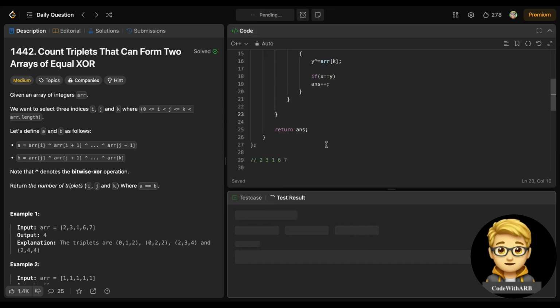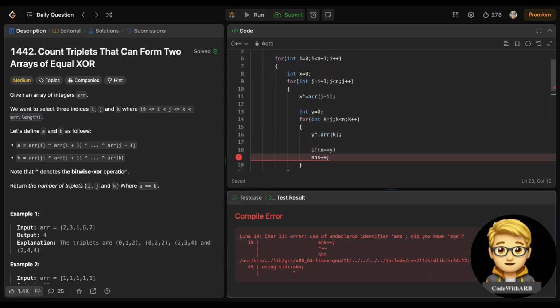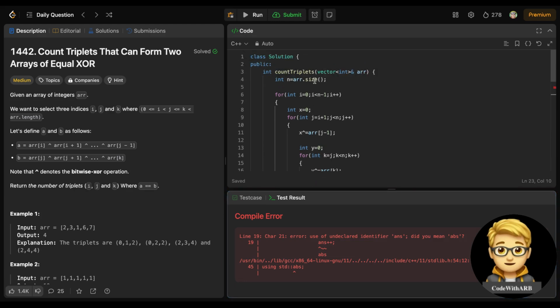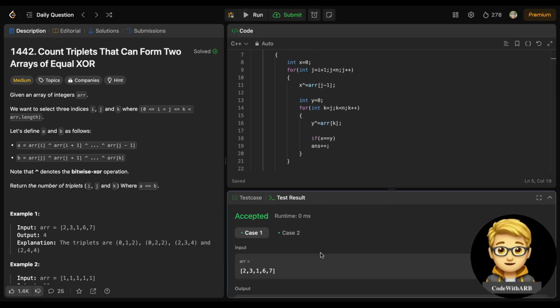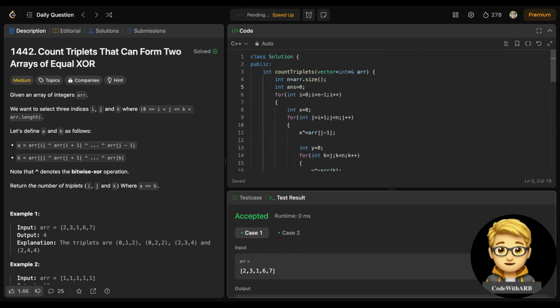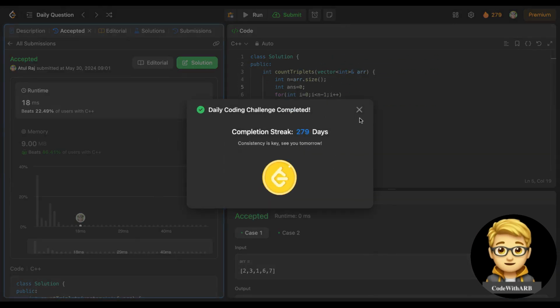Let's try to run this. Okay, we have not defined answer here. Yeah, we have passed the sample case. Let's submit it. Yeah, we have passed.